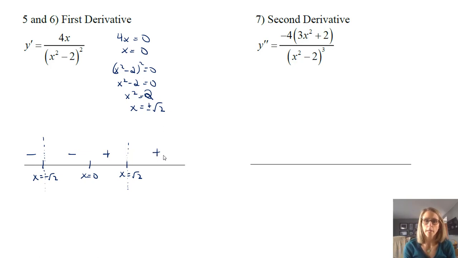So we can pretty quickly create our chart here, and we can see that we're going to be decreasing on any point less than 0, and we're going to be increasing any point greater than 0. And we don't want to forget that that does tell us that our function's decreasing and then increasing.